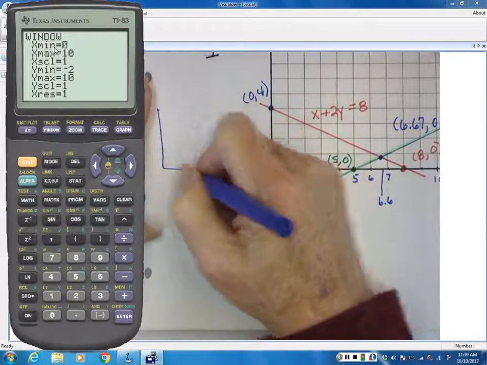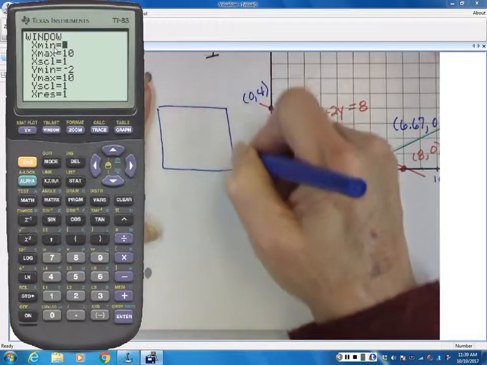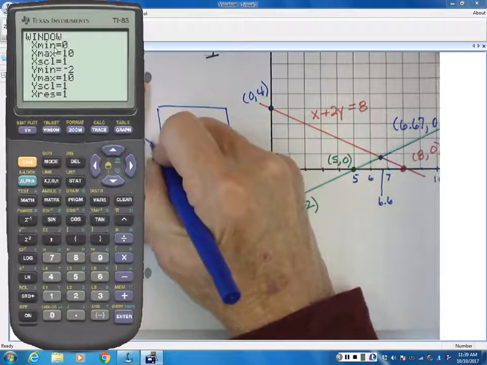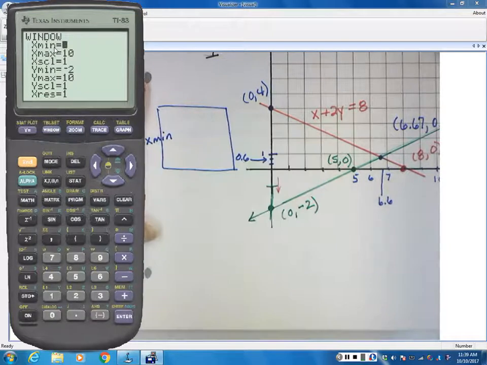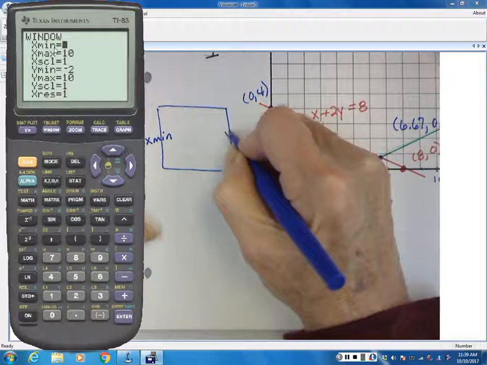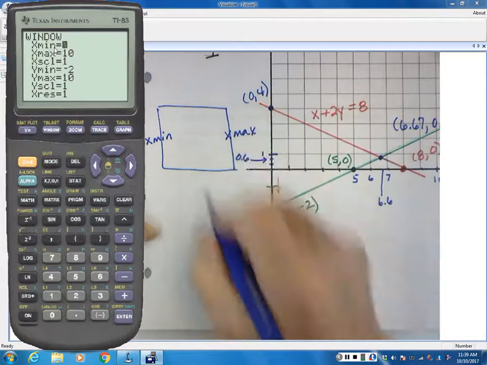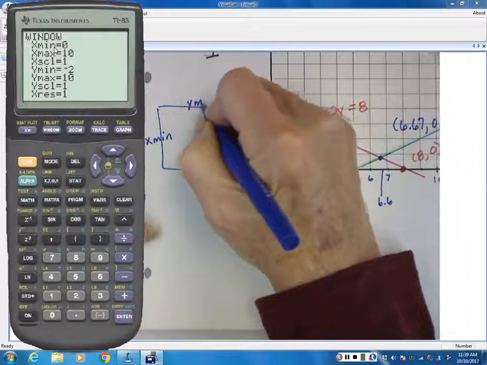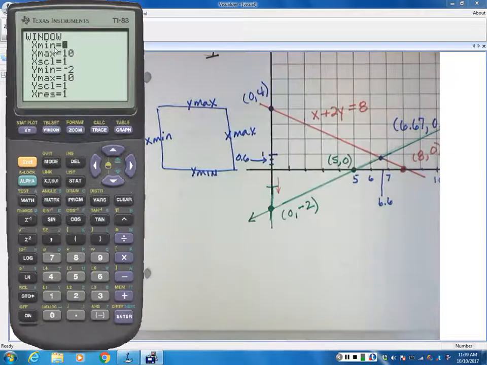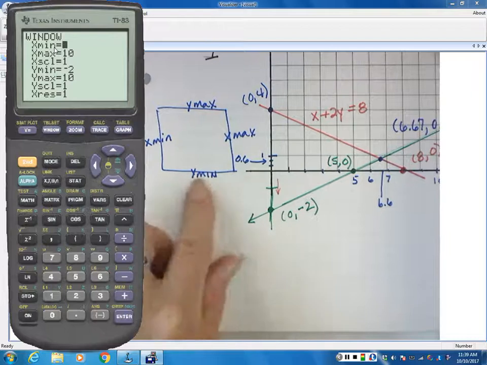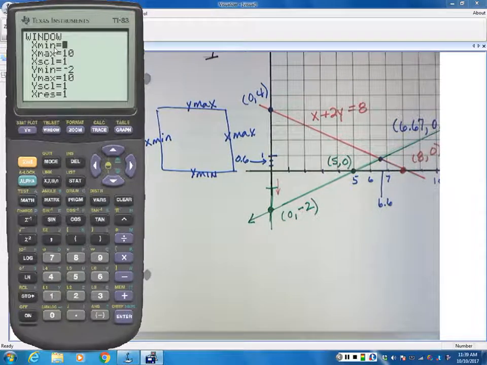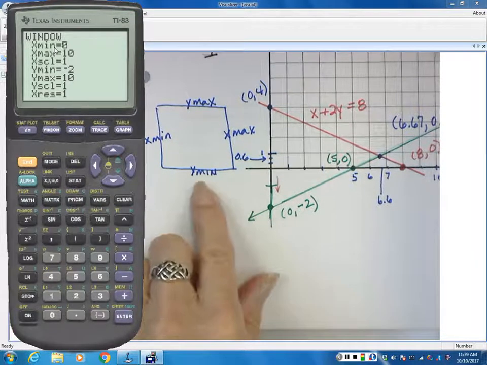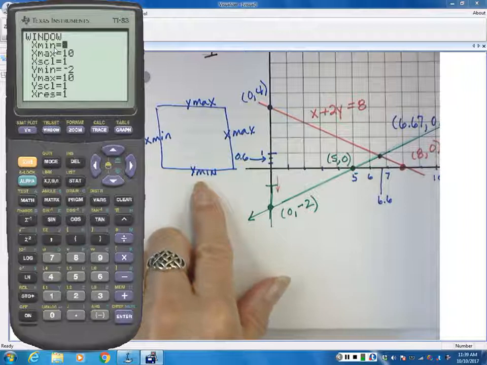This is your calculator screen. This is X-min. This is X-max. This is Y-min. This is Y-max. So if you need to move your graphing window up and down, if you're trying to see underneath something or see further down, you have to make Y-min go down further, which means it has to be more negative.